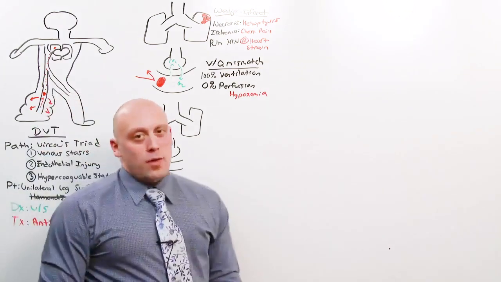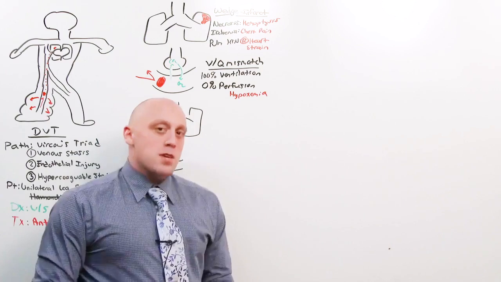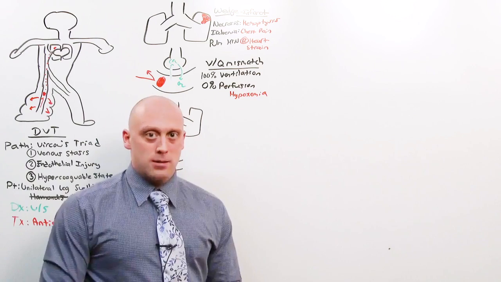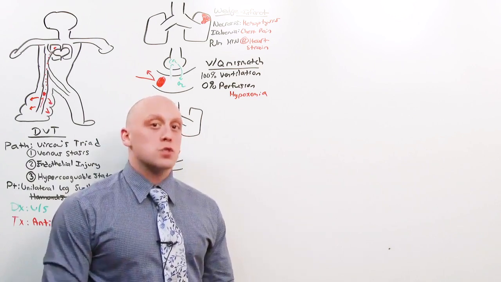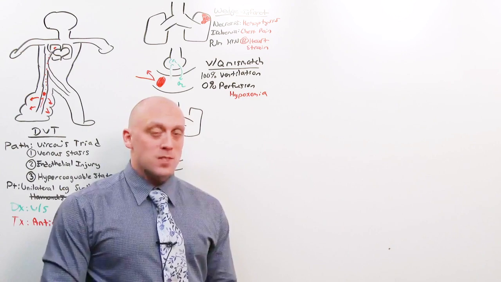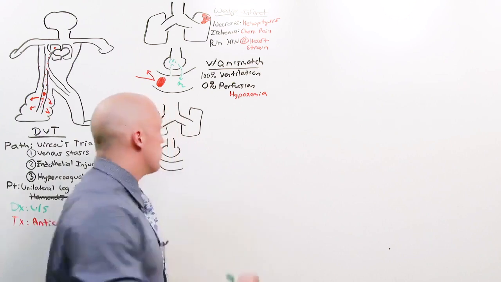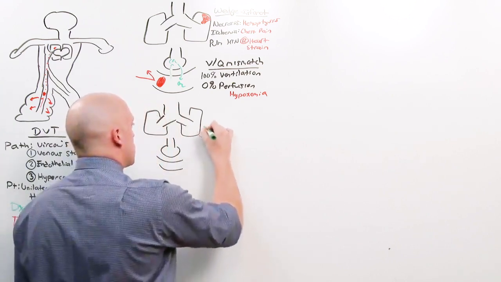But PEs do more than that, because big PEs can kill people, but the size of the PE doesn't mean anything. It's the body's response to the clot. Size is irrelevant, location is irrelevant, because it has to do with platelet-derived mediators.